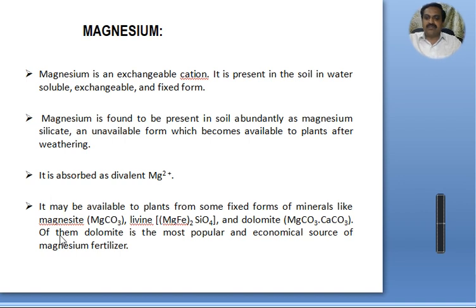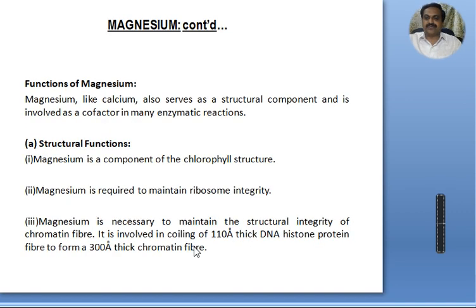It may be available to plants from some fixed forms of minerals like magnesite, olivine, and dolomite. Of them, dolomite is the most popular and the economical source of magnesium fertilizer. The following are the role or the functions of magnesium in the plant body.